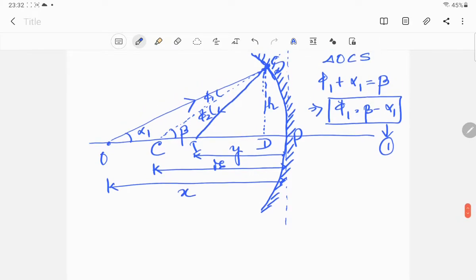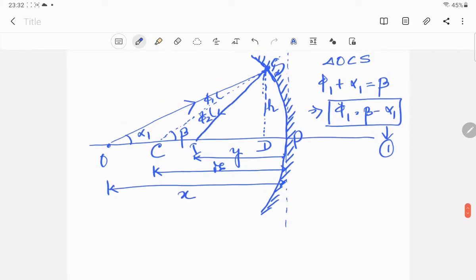Then if I want to get phi 2, for that I will consider the triangle CIS.